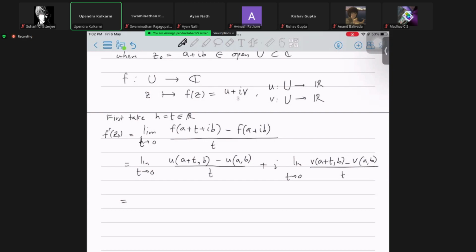I recognize the first one as precisely what? I have a function small u from an open set in R2 to R. And what am I doing? That first calculation, there are no complex numbers left here anymore. It's just a directional derivative, no? In what direction?